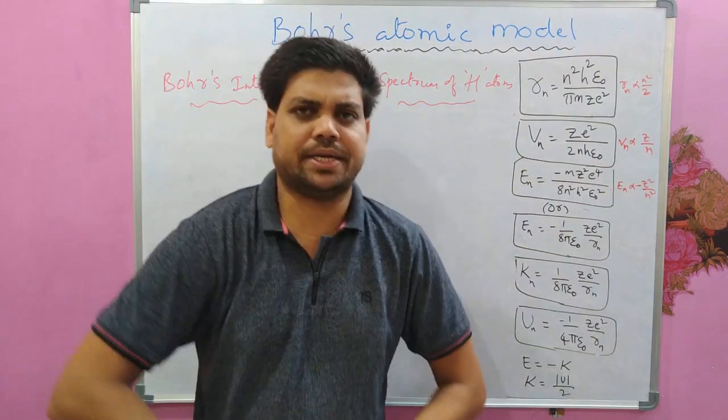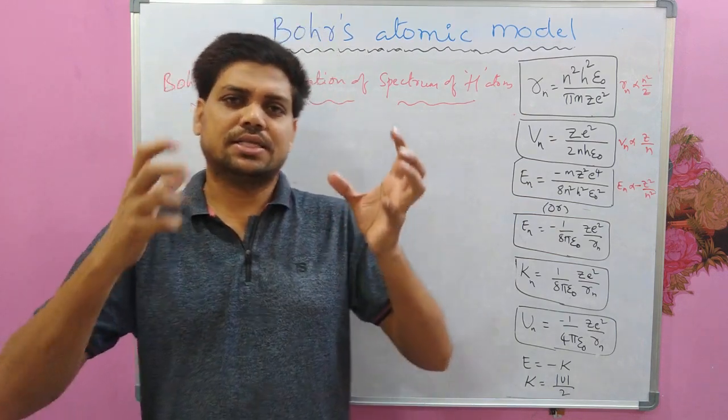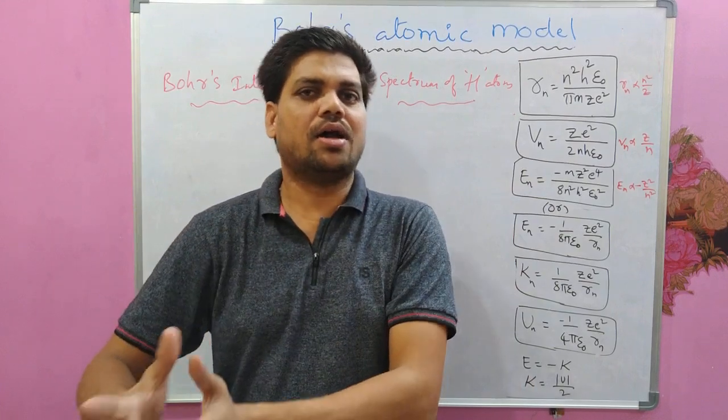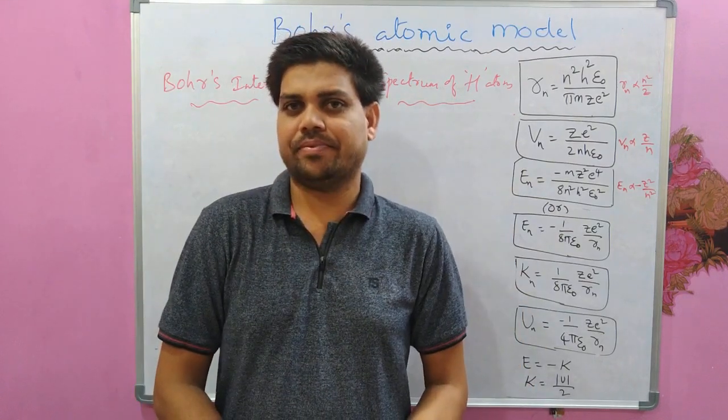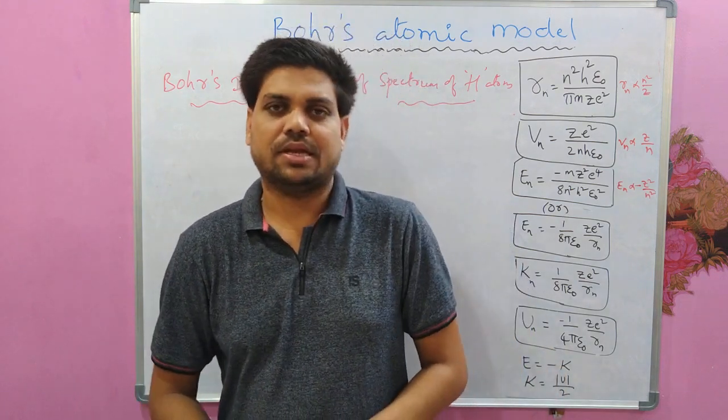When do we get a spectrum? Basically, whenever an electron jumps from one orbit to the other orbit, then we get a spectral line.